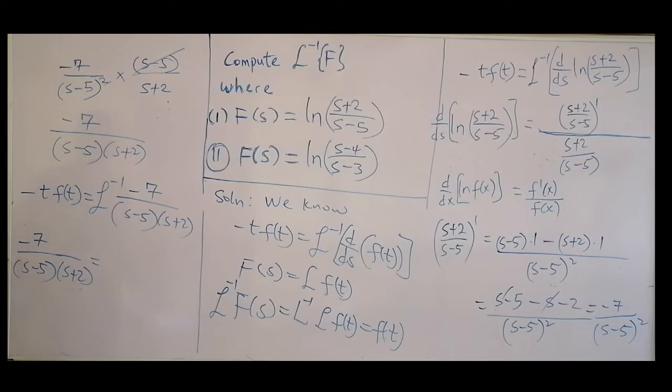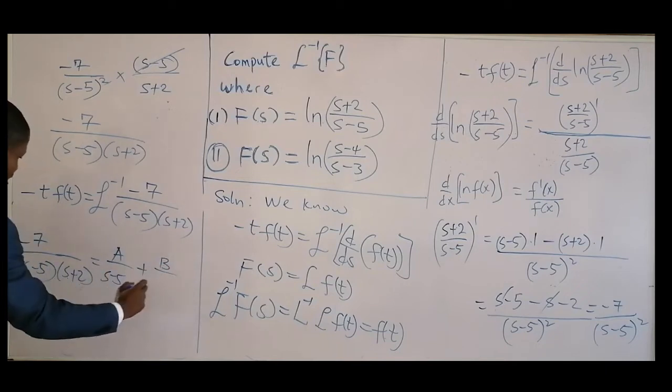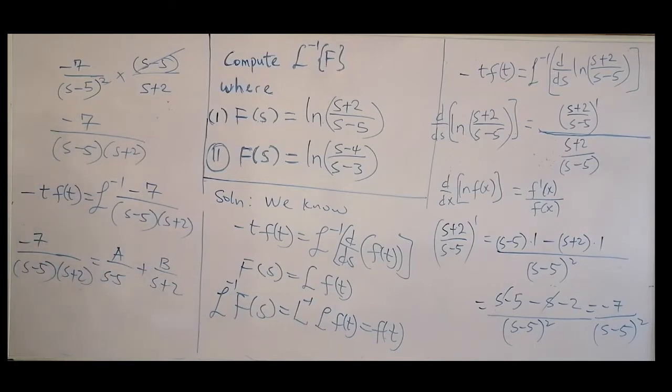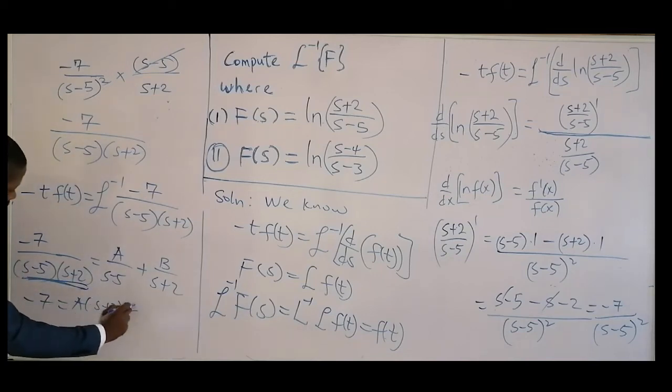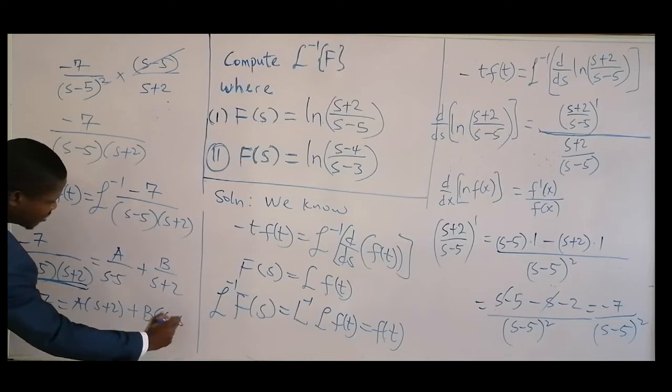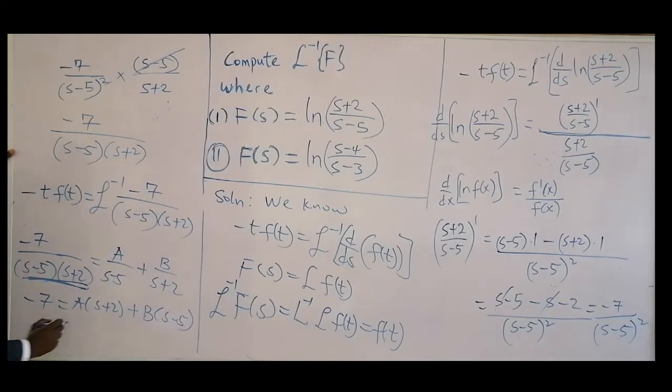So partial fractions: that will be A over (x minus 5) plus B over (x plus 2), and that will give minus 7 equal to A(x plus 2) plus B(x minus 5), after multiplying by the common denominator. Let x equal to minus 2.